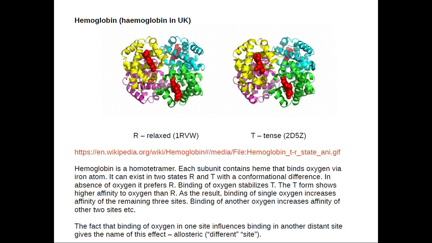So hemoglobin is a homotetramer. This is important. It's composed of 4 identical subunits, 4 identical polypeptide chains.